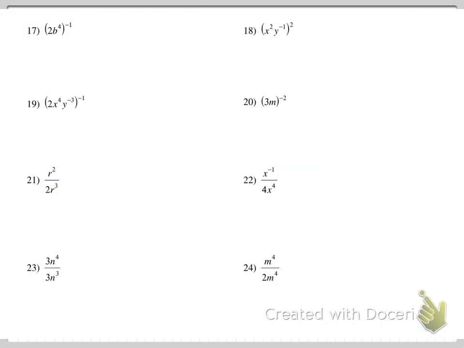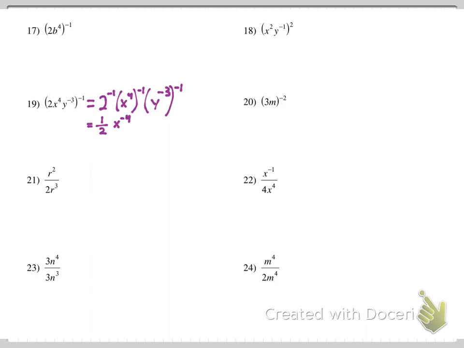All right, let's try another one. Down here, number 19, notice I have all of those things to the negative 1st power, so I'm going to rewrite it first as each of those things to the negative 1st power. 2, and then the x to the 4th, and then y to the negative 3rd. Remember, a power to a power is multiplication, so the 2 to the negative 1st is just 1/2, but the x to the 4th to the negative 1st, we multiply that 4 and that negative 1, the powers.